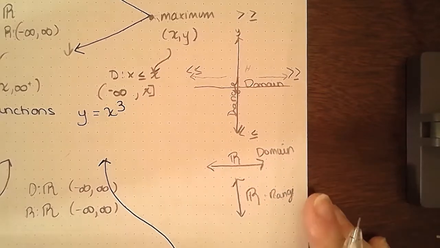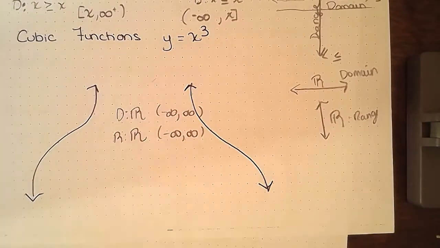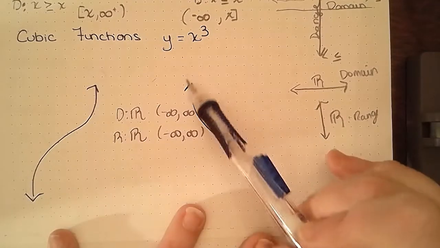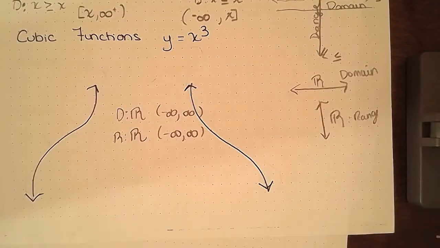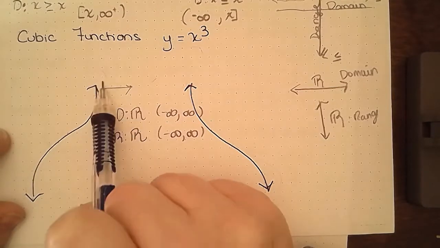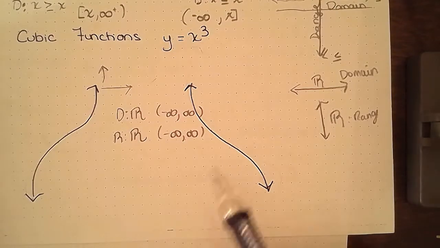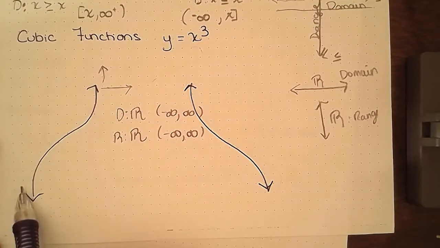So another example of a function that you guys might see, probably not in Algebra 1 as much, but in Algebra 2, this is a cubic function, all right? This is x cubed. This also has a domain and range of all real numbers. The reason why is if you see it's going this way and up. So first let's talk about the horizontal behavior. It's going to the right and it's going to the left forever and ever.